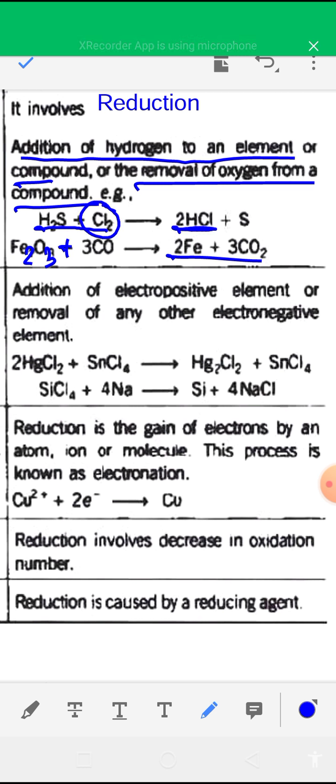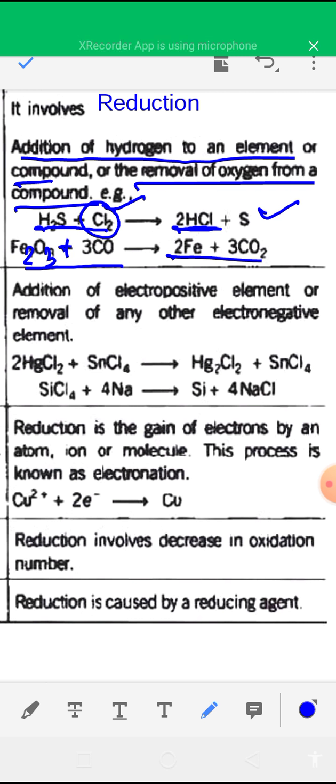This is the addition of hydrogen to chlorine, so it is a reduction of chlorine. In the second reaction, Fe2O3 plus 3CO gives 2Fe plus 3CO2. Here removal of oxygen takes place from Fe2O3, so this is a reduction reaction.